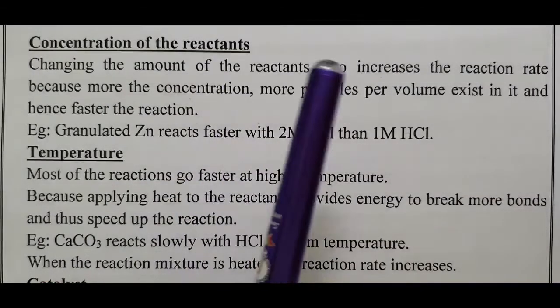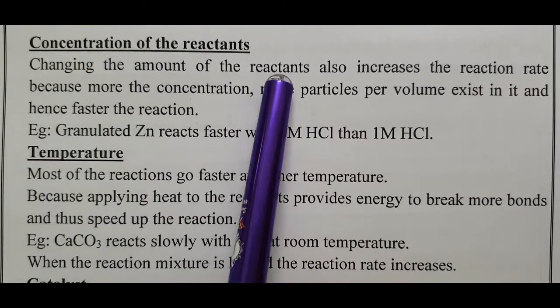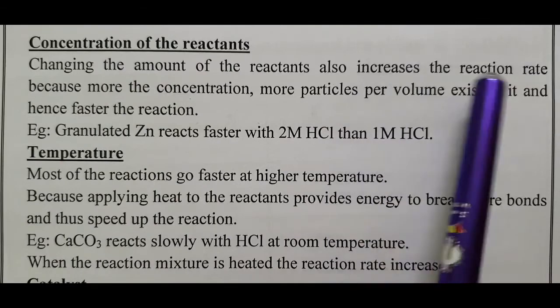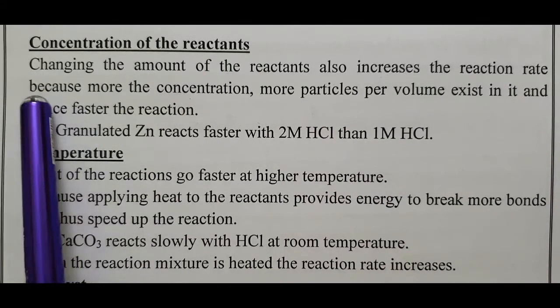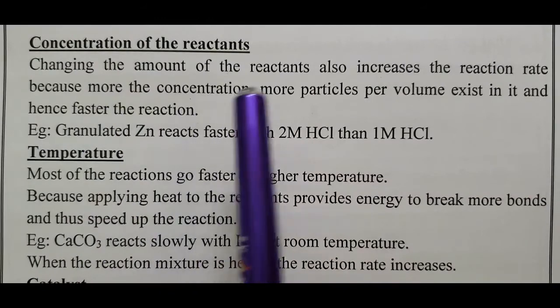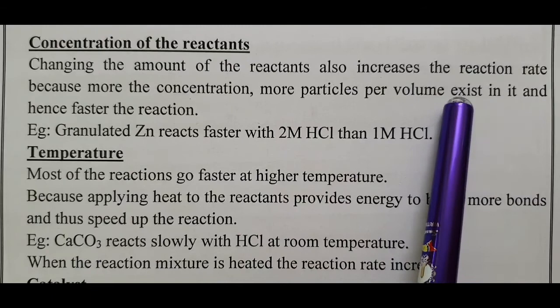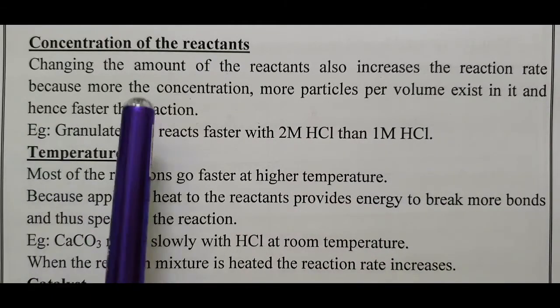Concentration of reactant, the second factor influencing the rate of the reaction. Changing the amount of reactant also increases the reaction rate, because the more the concentration, the more particles per volume exist in it, and hence the faster the reaction.